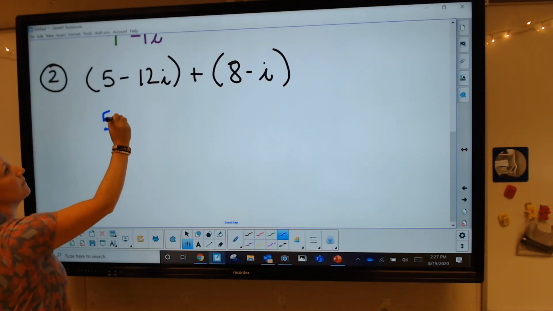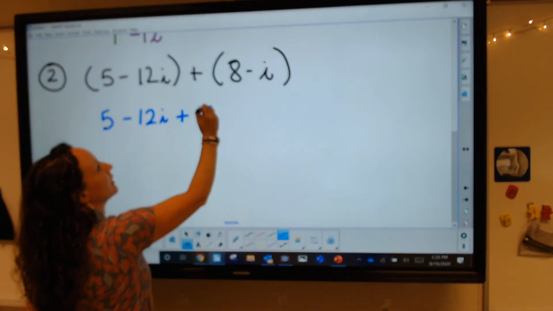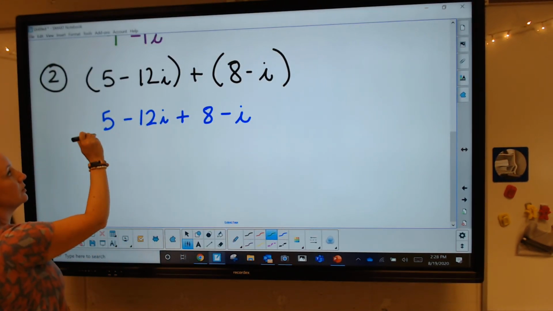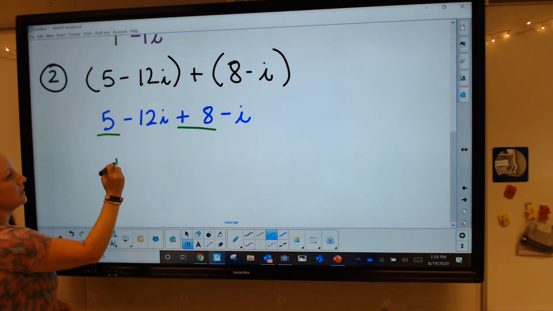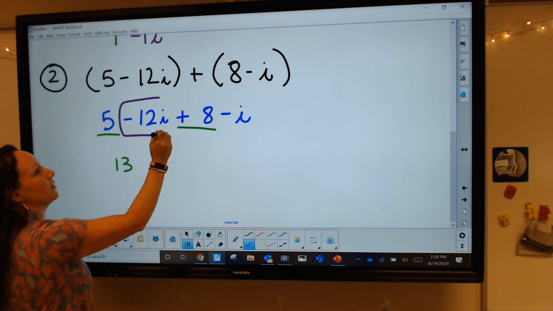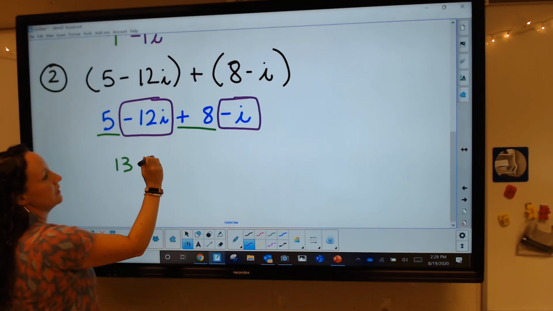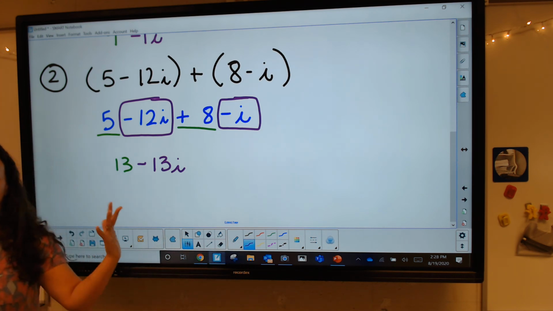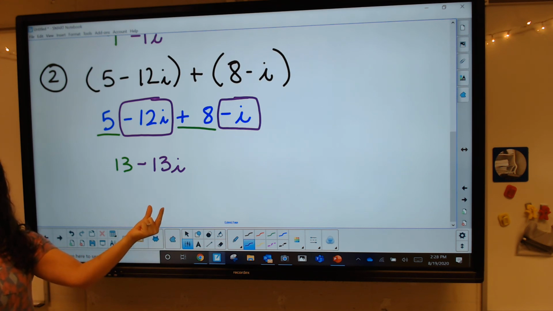So 5 minus 12i plus 8 minus i. I'm going to gather up the real parts first. I've got 5 plus 8, 8, 9, 10, 11, 12, 13. And then I can combine the imaginary parts. So I've got negative 12 minus 1 more would be negative 13i. And that would be my final answer. Please make sure the real part is first and the imaginary part is second.